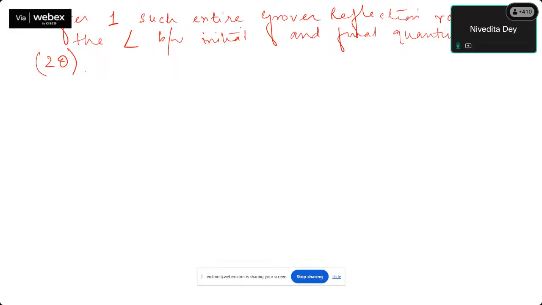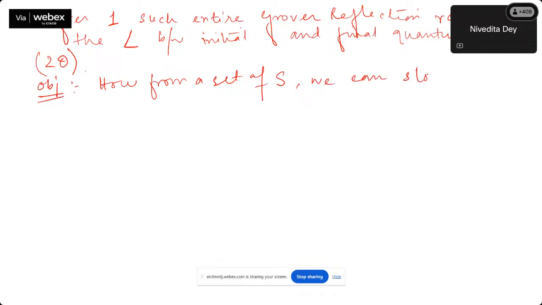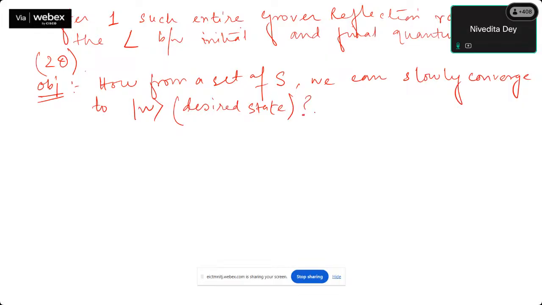So what is our objective? Our primary objective is how from a set of superposed states, the set S, we can slowly converge to W, which is the desired state. How can we do that?